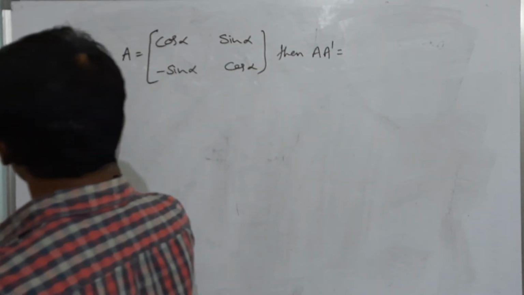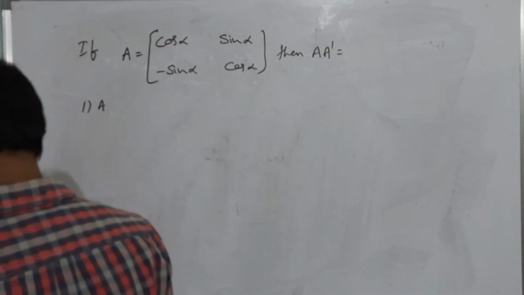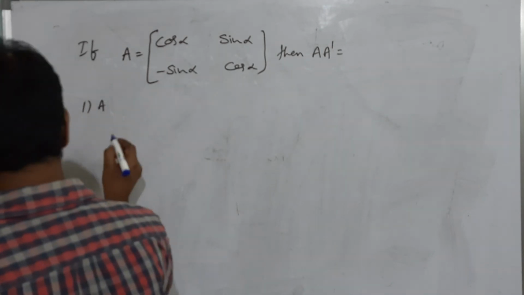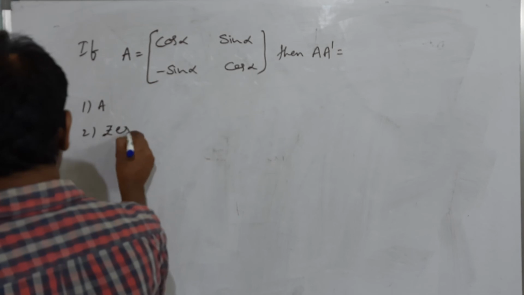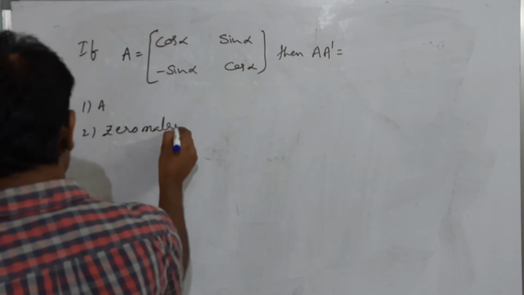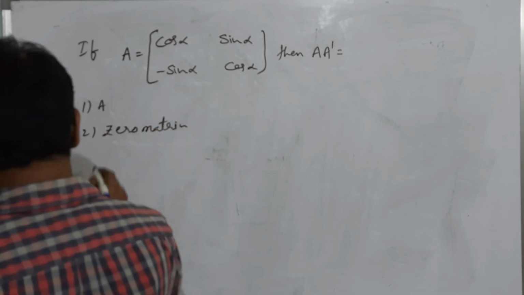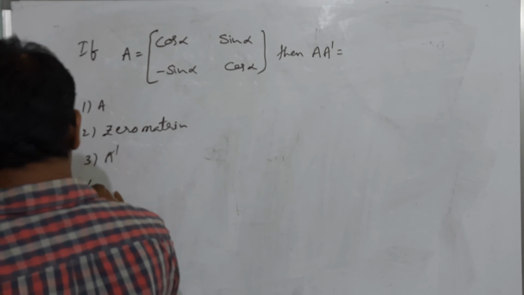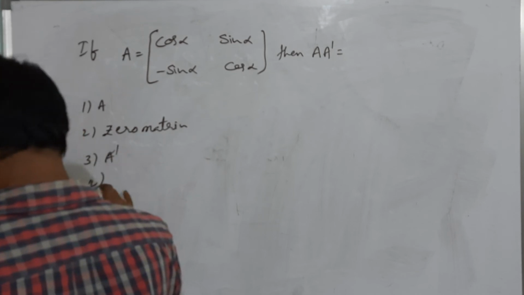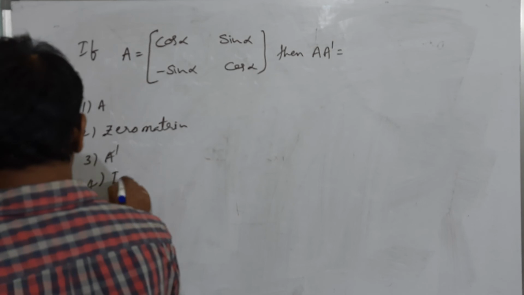First option they given A only, second option they have given 0 matrix, third option A dash, and fourth option is identity matrix.